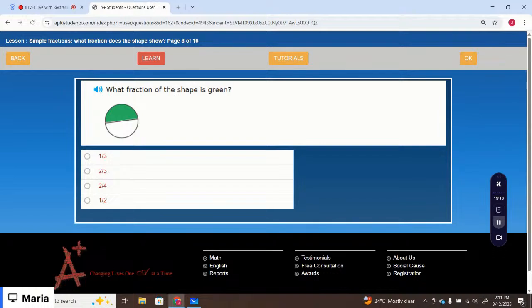What fraction of the shape is green, which is the correct option? That is 1 out of 2. Option number 4 is the correct option.